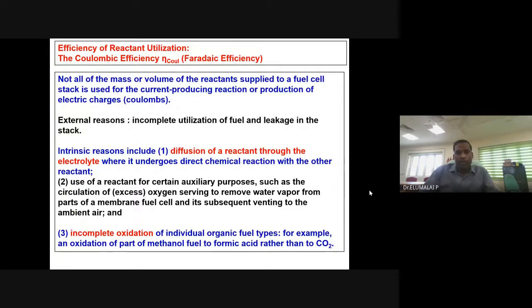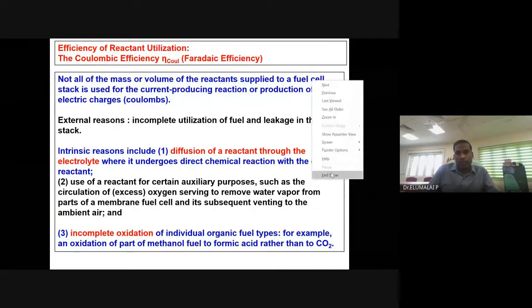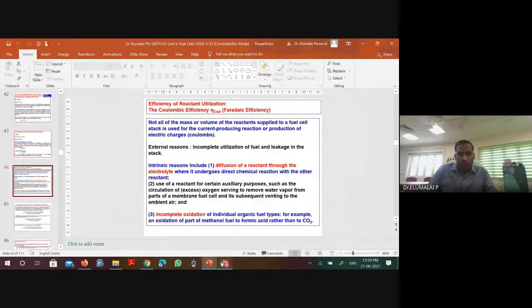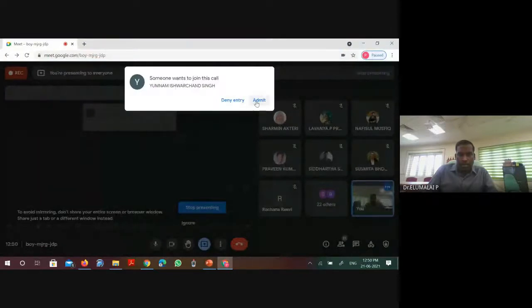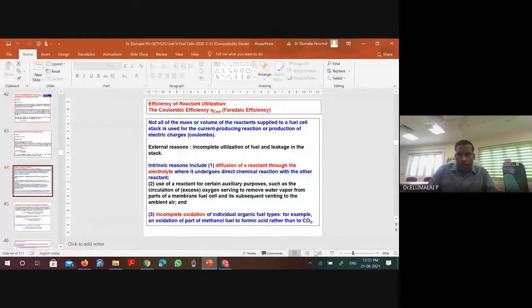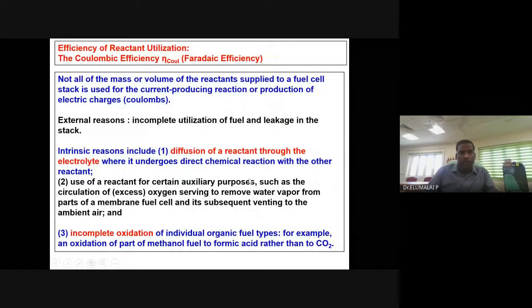We have other parameters to characterize the fuel cell. The important parameter is fuel utilization efficiency. It is also known as Coulombic efficiency or Faraday efficiency. Coulombic or Faraday efficiency in a battery is different.